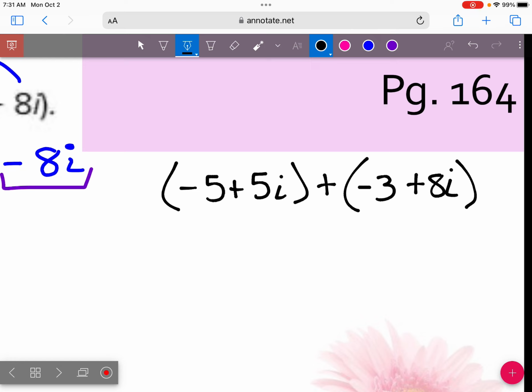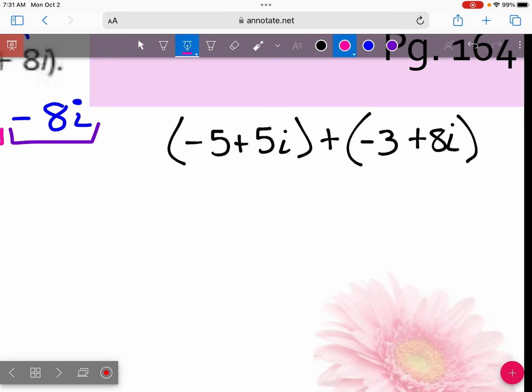This time we just don't have any parentheses or any minus sign to distribute through. So now we just have our minus 5 plus negative 3, which is going to give us what? Negative 8. Then we have 5i plus 8i.